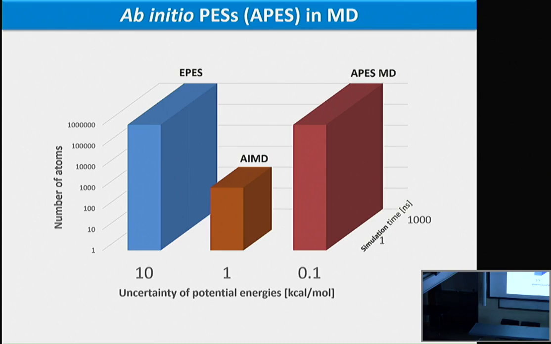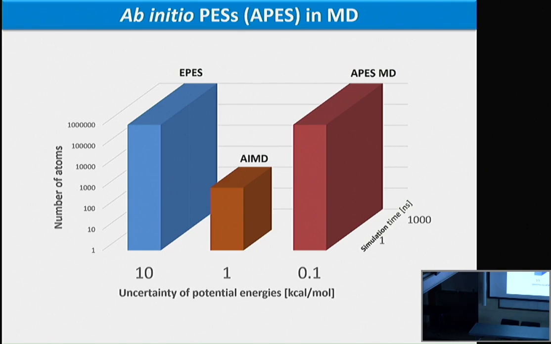Now people use either empirical potentials, which in biomolecular applications can easily treat 1 million atoms for 1,000 nanoseconds, so 1 microsecond. But those potentials have an accuracy of about 10 kcal per mole at best. So they're not very accurate.